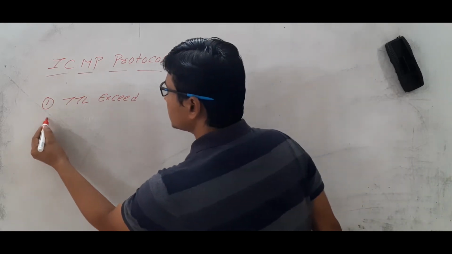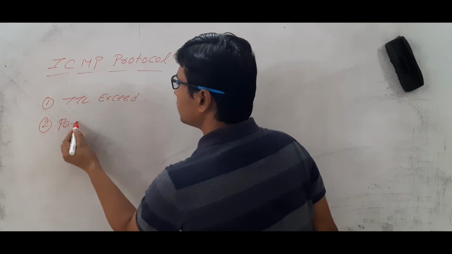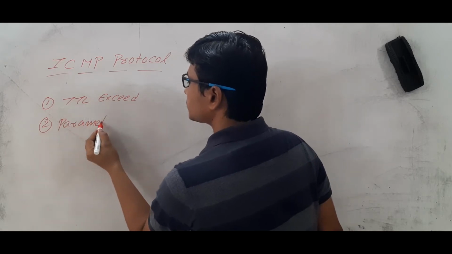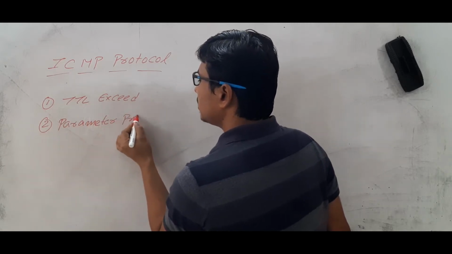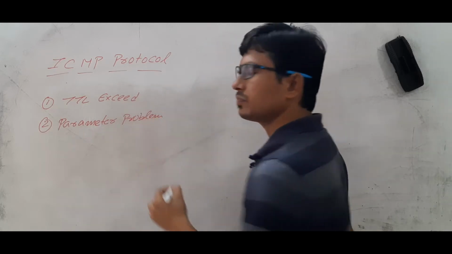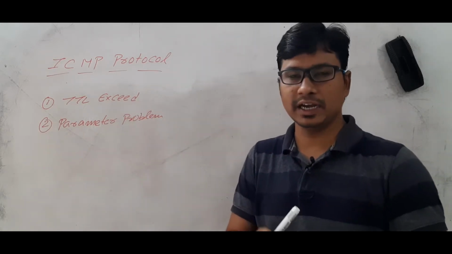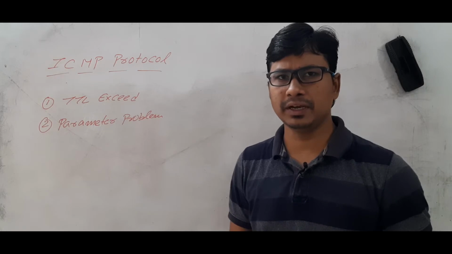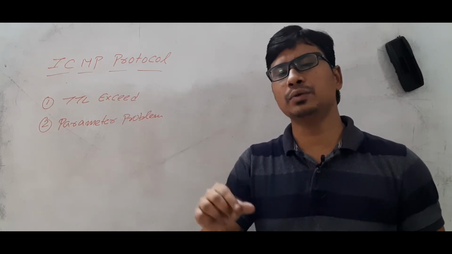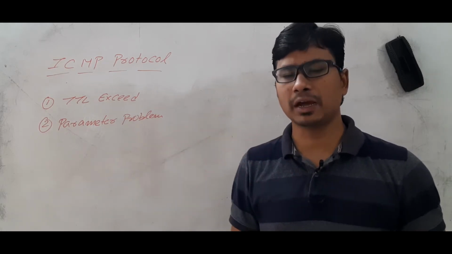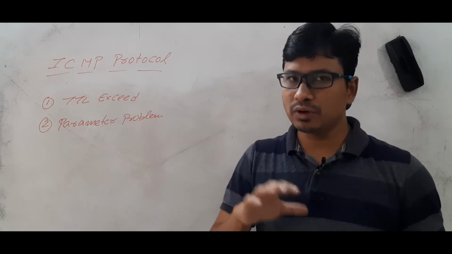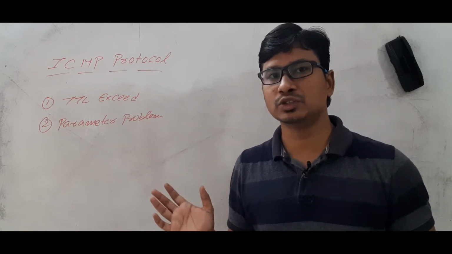And another one is the parameter problem. Okay, when you have sent a packet in the network layer, obviously you will add the IP header. In the IP header, you kept some value. Let's take the don't fragment value. You kept 1. However, fragmentation should be done.